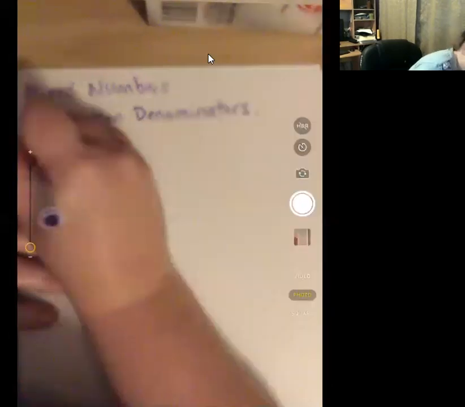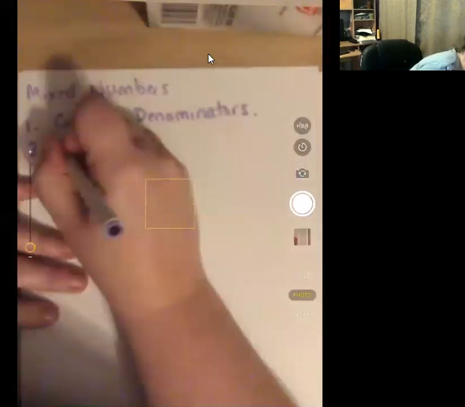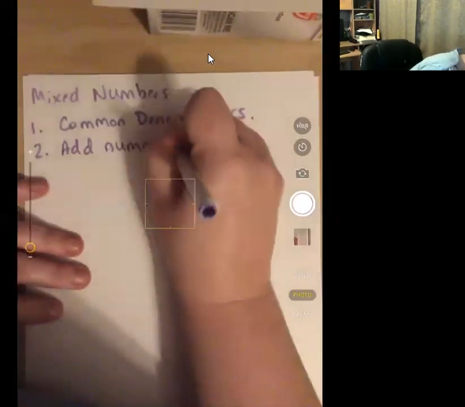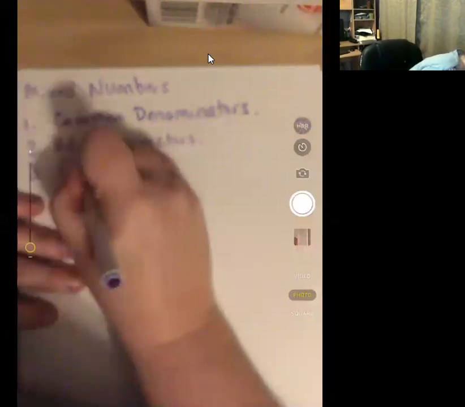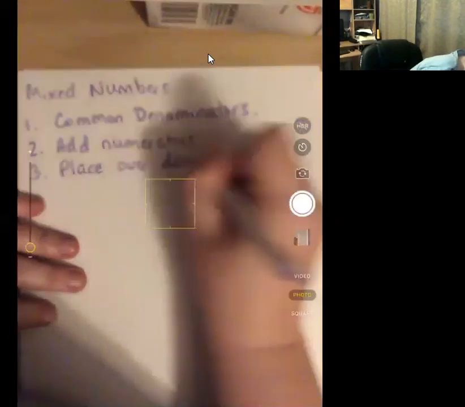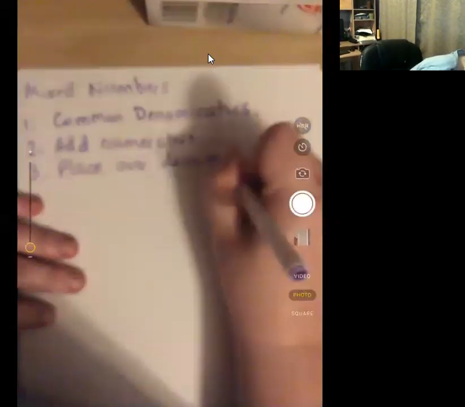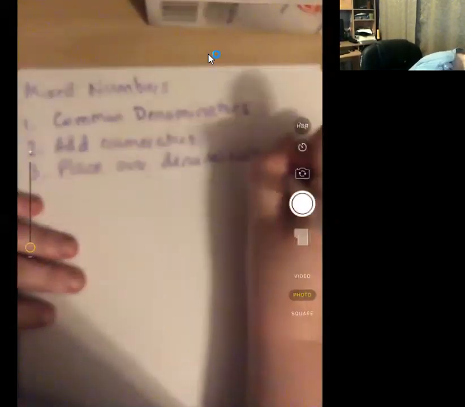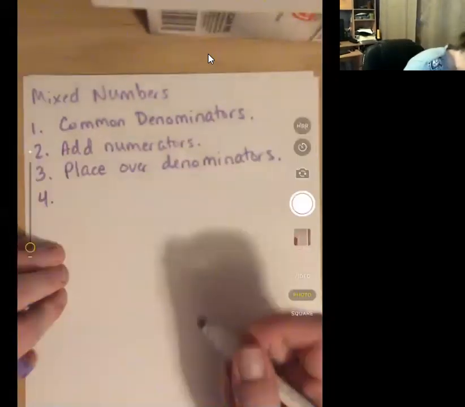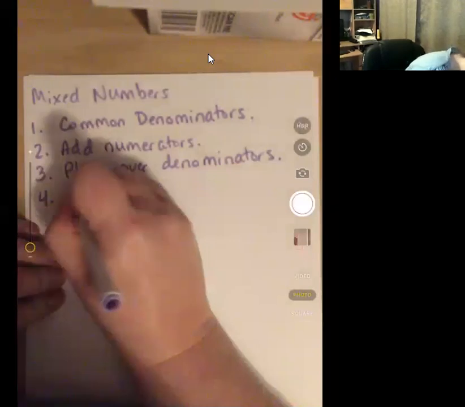Number 2, still add numerators. Number 3, still place over denominators. But this time we have a number 4. Number 4 is add whole numbers.